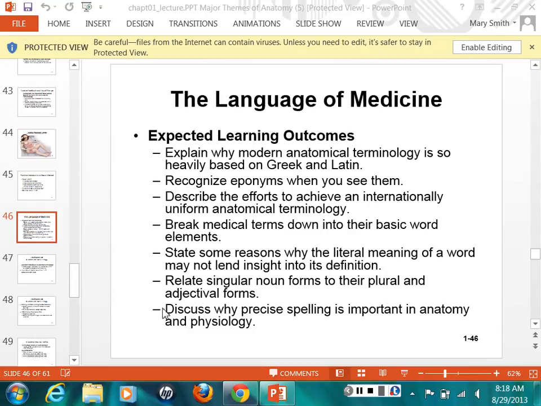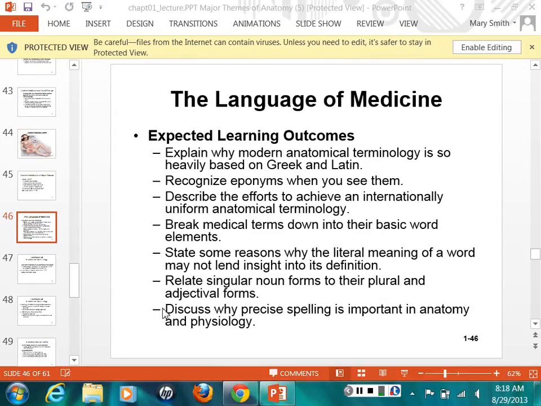Yeah, suffix. Hypochondriac. What does that mean? Because this one is on your lab, those nine abdominal regions. Remember? So what does that mean, hypochondriac? Below. Chondros.